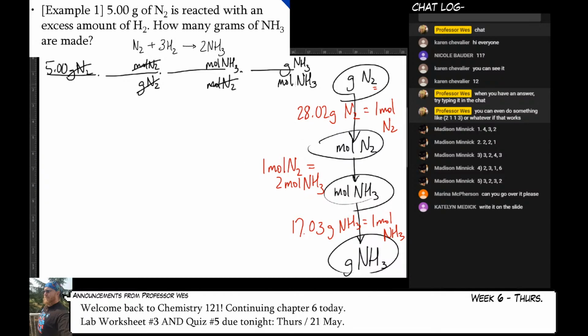And then it's just a matter of filling in all the numbers with the relationships that you have written out. You punch it all in the calculator. And my calculator gave me the answer 6.08 grams of NH3.